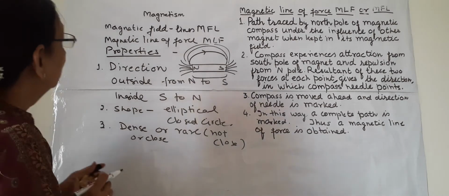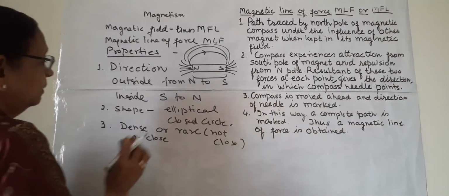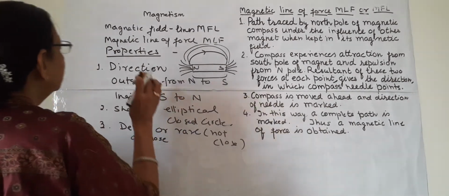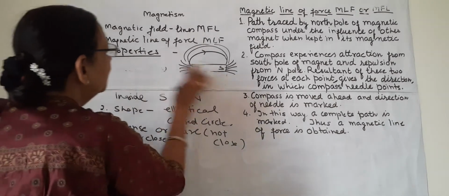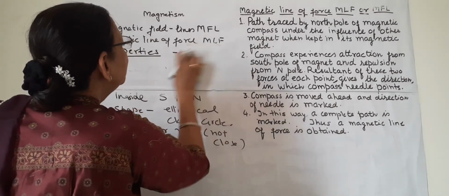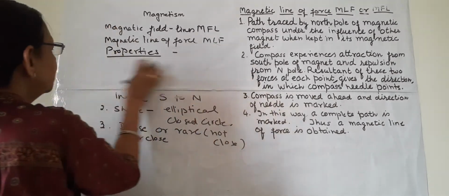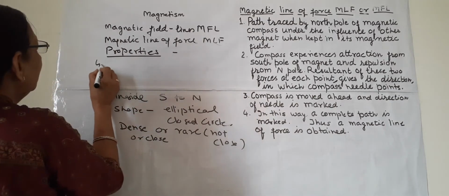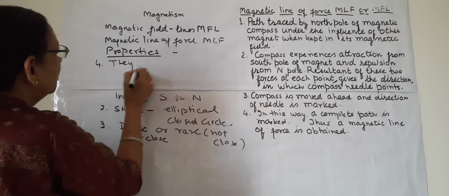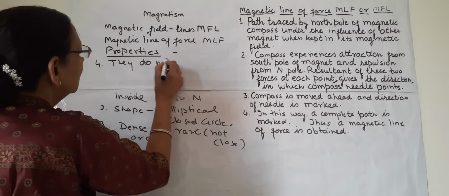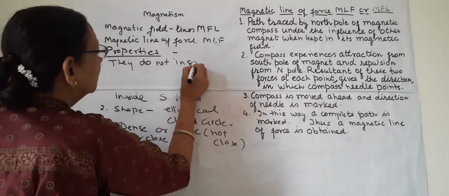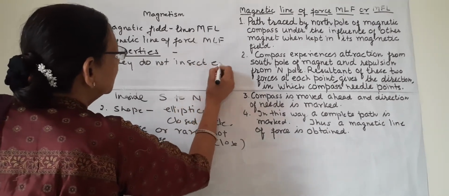So this is one of the properties, and the most important property of these lines is they do not intersect each other.